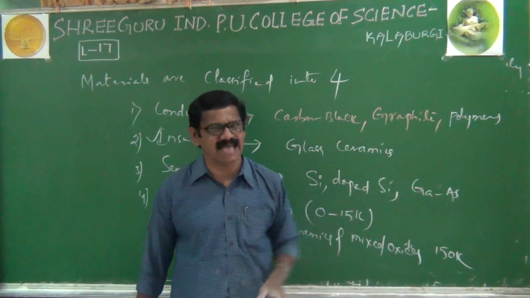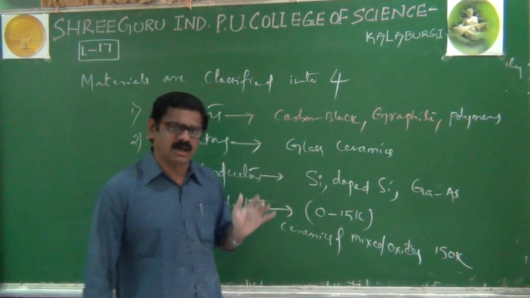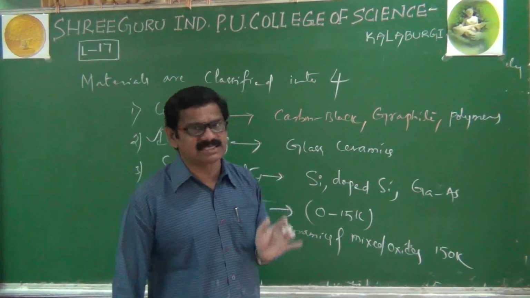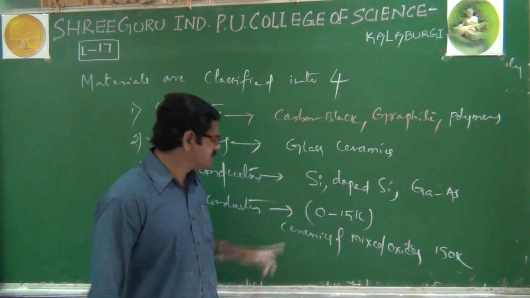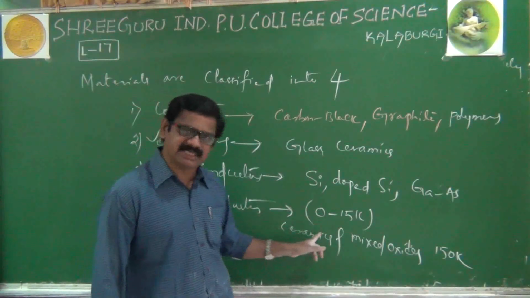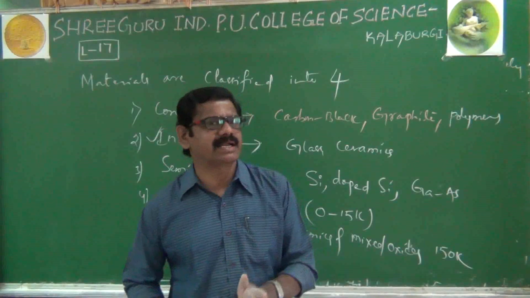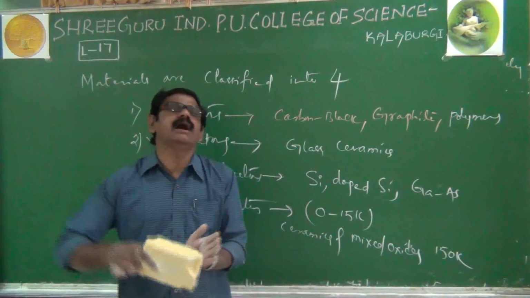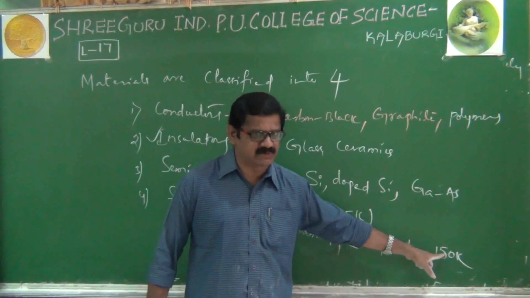Finally, superconductors: in the early stages only metals and alloys at 0 to 15 kelvins, but nowadays ceramics and mixed oxides at 150 kelvins or above.